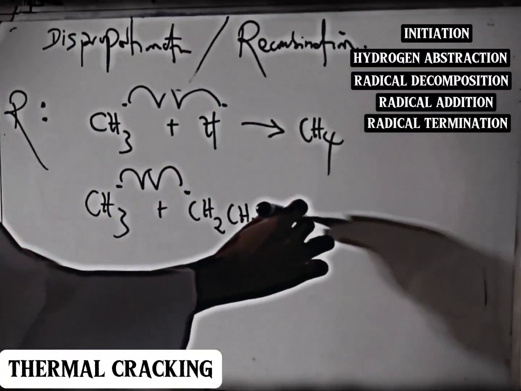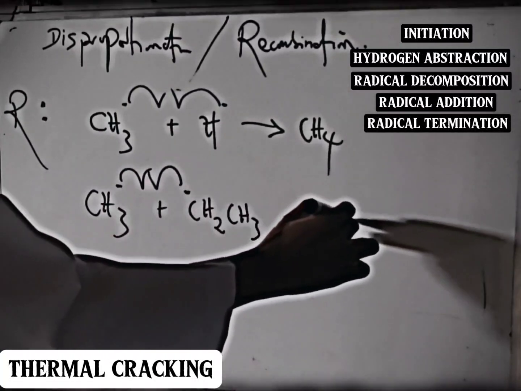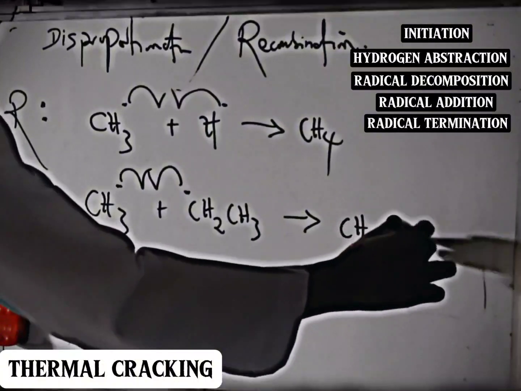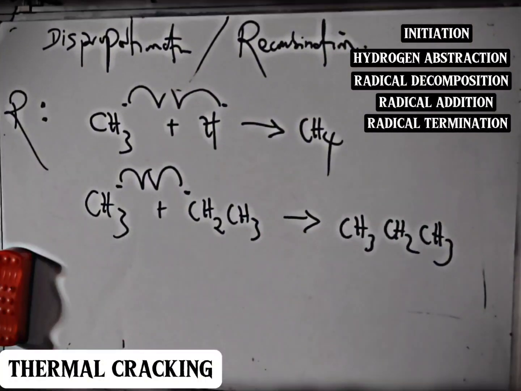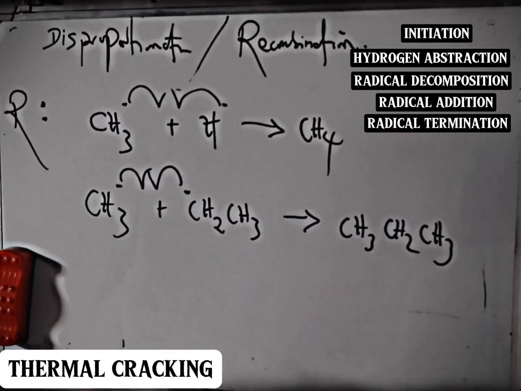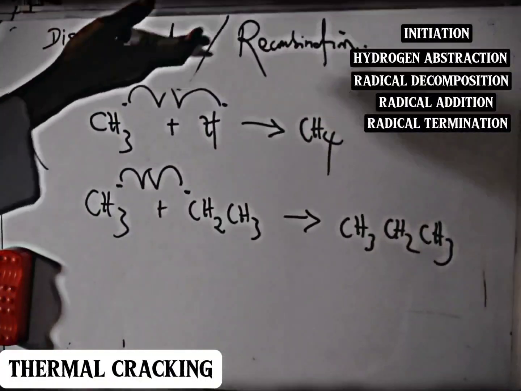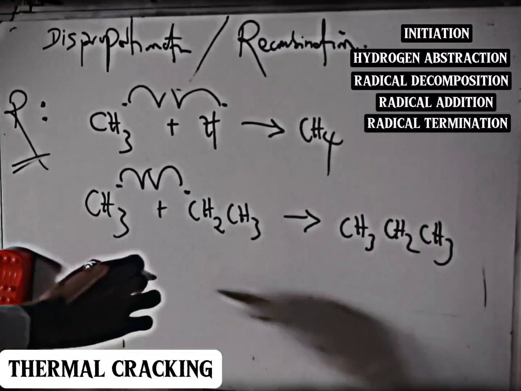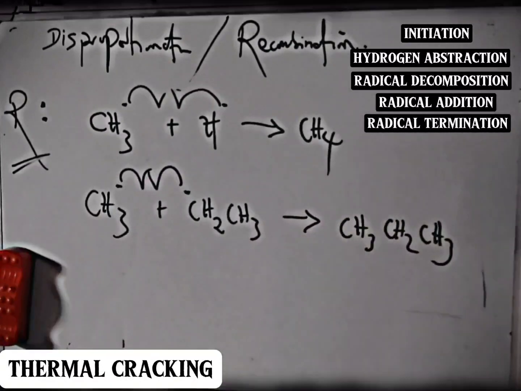We have this CH3, CH2, CH3. So these are just a few examples, okay? On and on, you check all the radicals that were produced in the system, and then you terminate them based on either of these two steps. All right, this is all about steam cracking, which is thermal cracking.